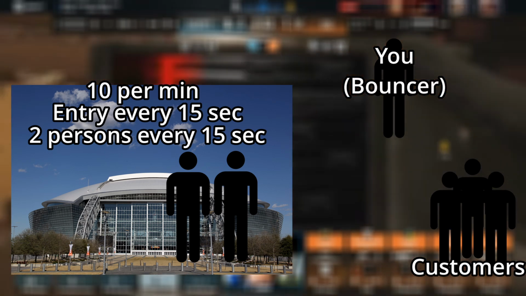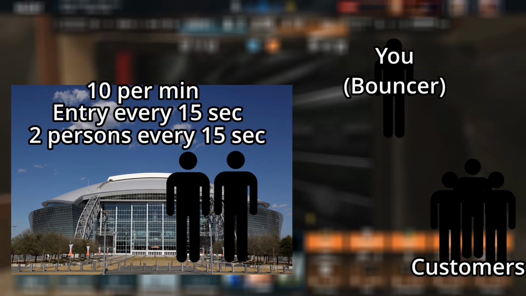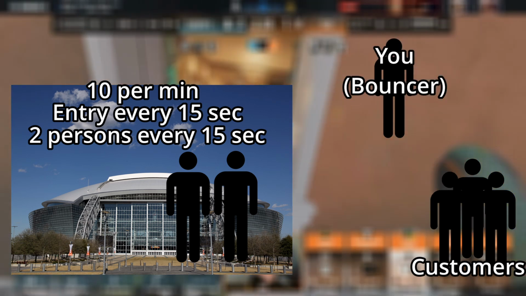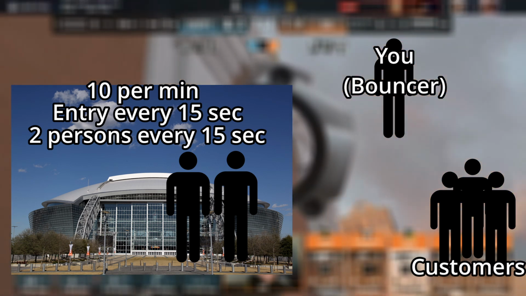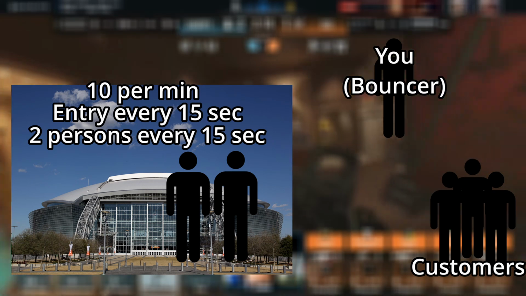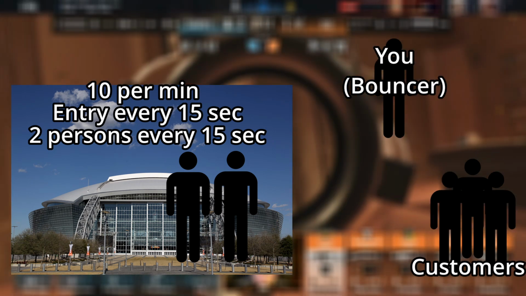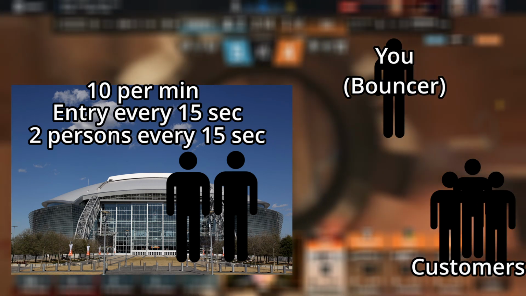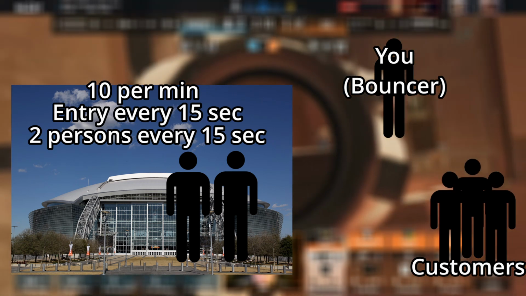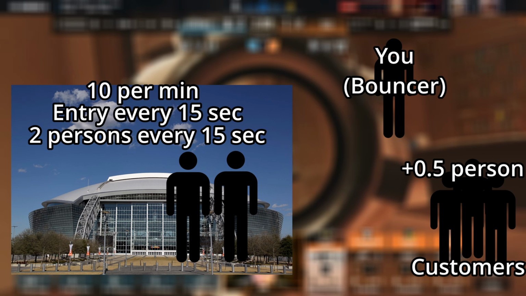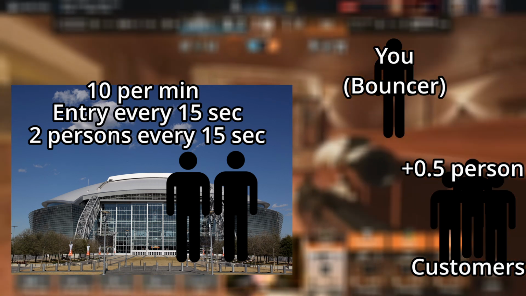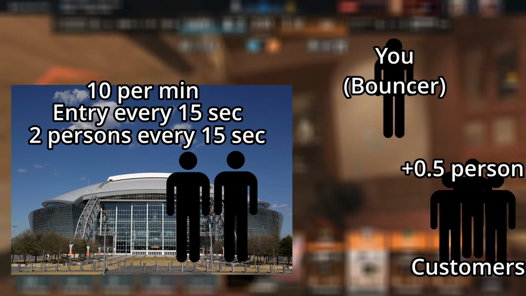I don't know if there's a correct technical term for it, but essentially, if we have a residual amount of people that we want to bring in, we go to the lower end of the spectrum so that we have a whole number, but we also remember that residual and add it onto our next batch, so that we're able to meet our quota.